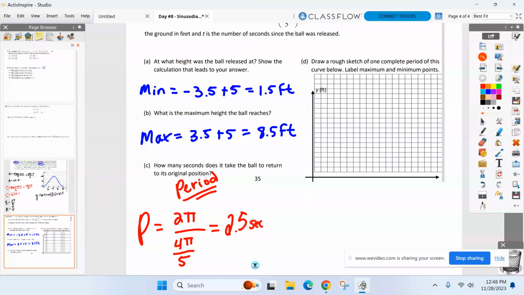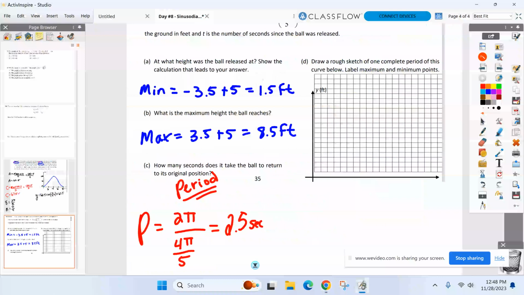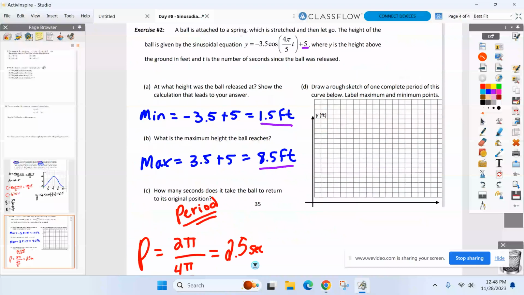All right, let's do the graph. We'll let you guys work on your own. Tell me what 3 values have to go on the y-axis here. What 3 values are going up here? Kate, what 3 values have to go on the y-axis? The min, the max, and the midline. Yep, so I've got 1.5, 8.5, and that midline of 5.